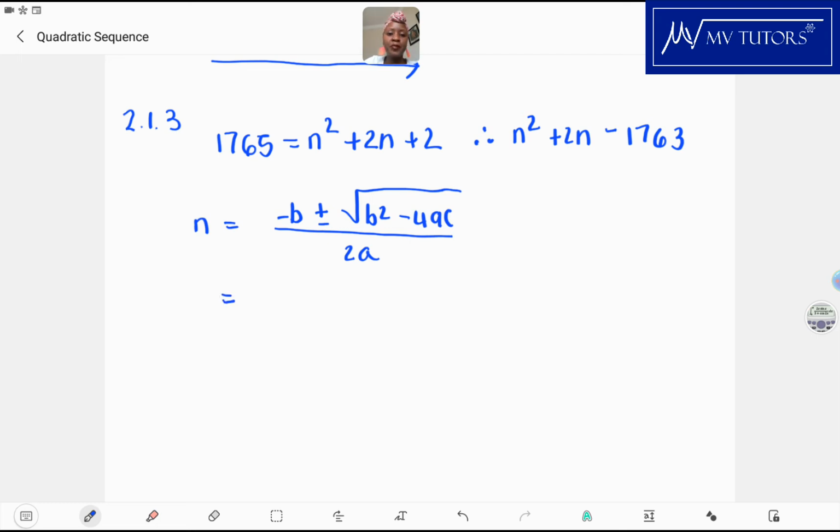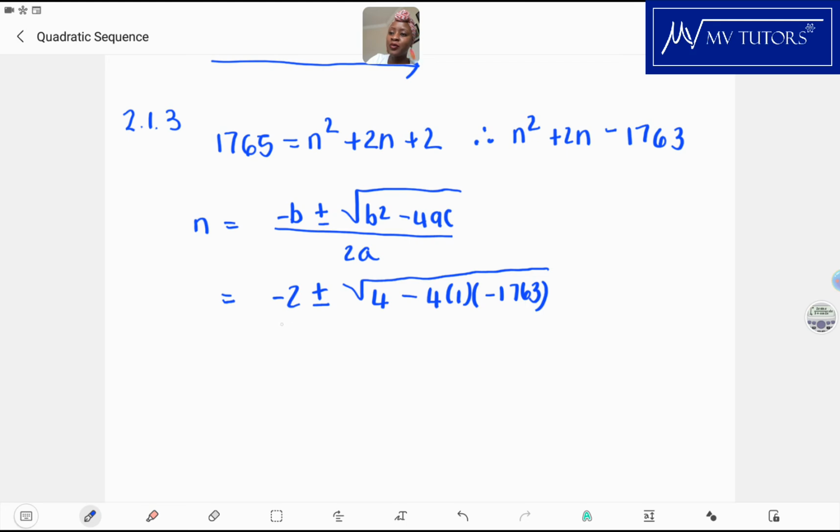So let me just substitute. In the place of b, I have 2, so that will be negative 2 plus minus the square root of 2 squared, which is 4, and then 4 times a, which is 1, times c, which is negative 1763. Generally, if you have such a big number, you are expecting c to be negative.